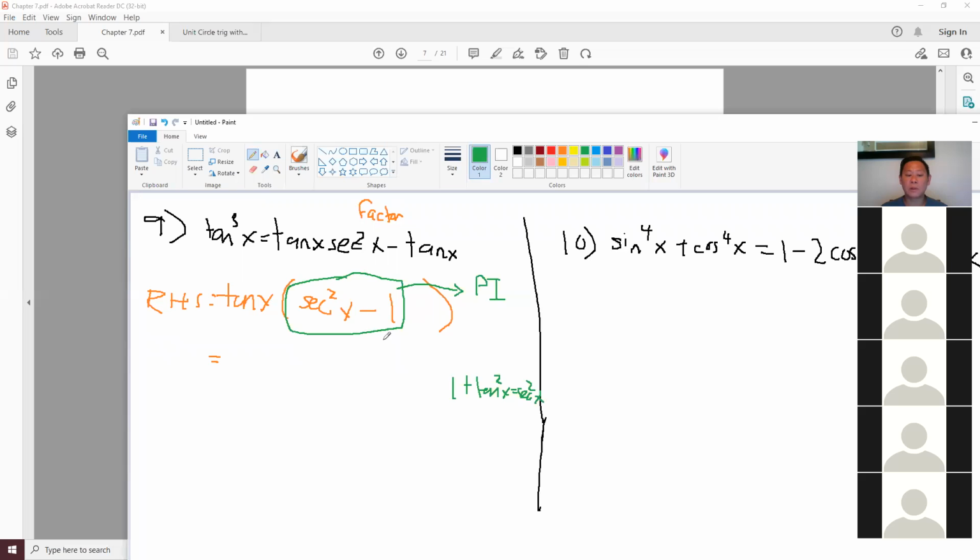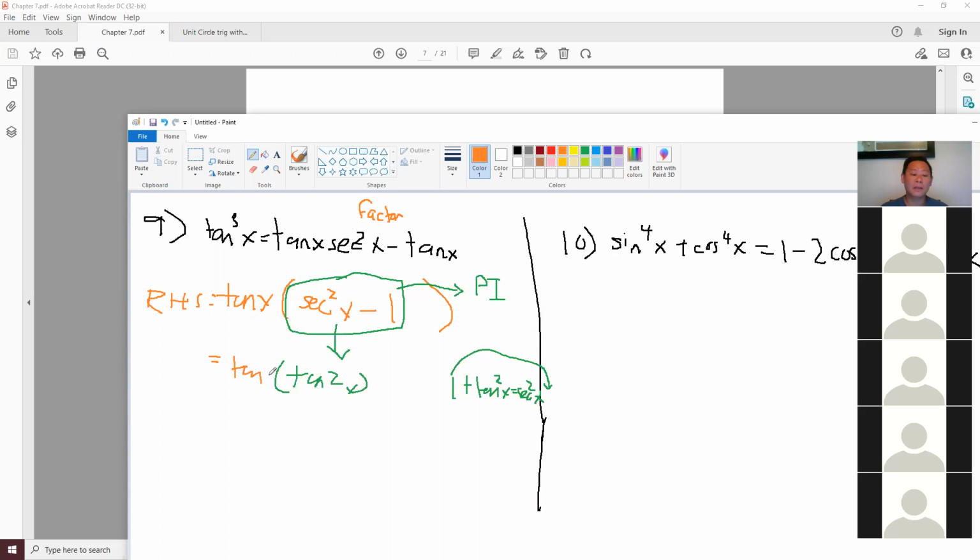So can someone tell me what secant square x minus 1 is? So this will become tangent square x.